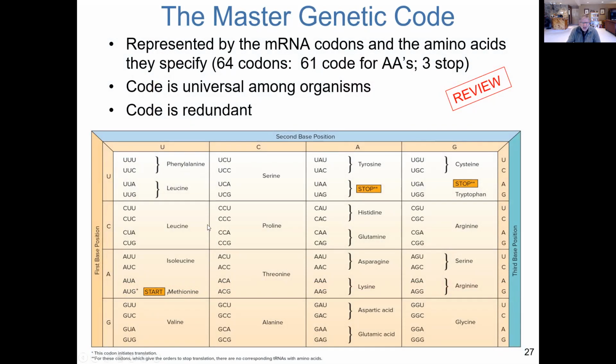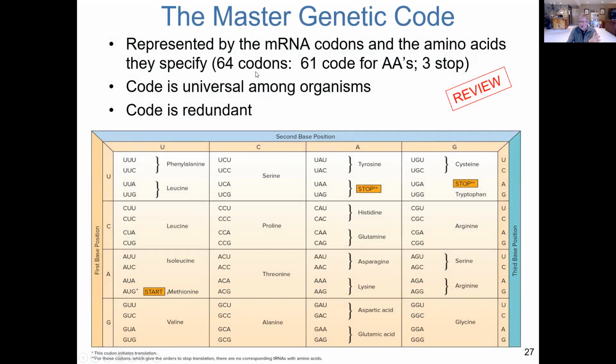So you'll notice that when you take 4 bases, those are adenine, uracil, cytosine, and guanine, the 4 nitrogenous bases, and when you combine them in triplets, there are 64 possible codon sequences.